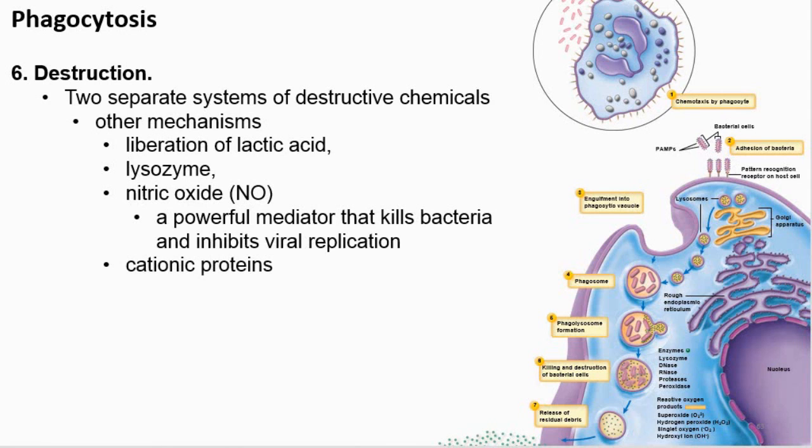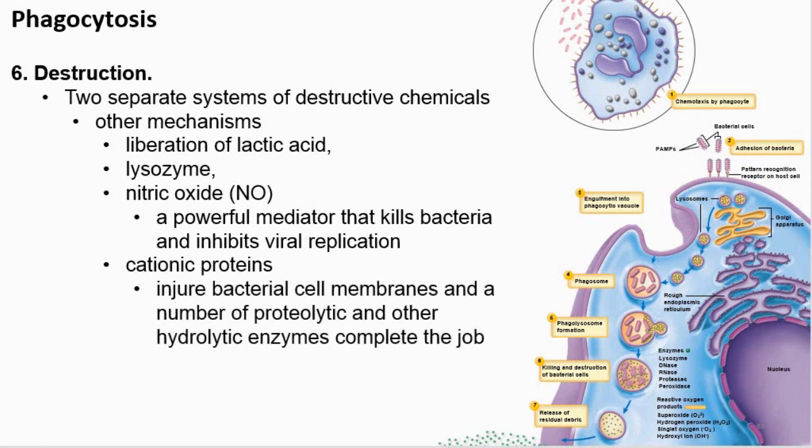There are also cationic proteins, which are positively charged polyatomic ions, and they act as proteolytic or hydrolytic enzymes that damage the cell and destroy it.